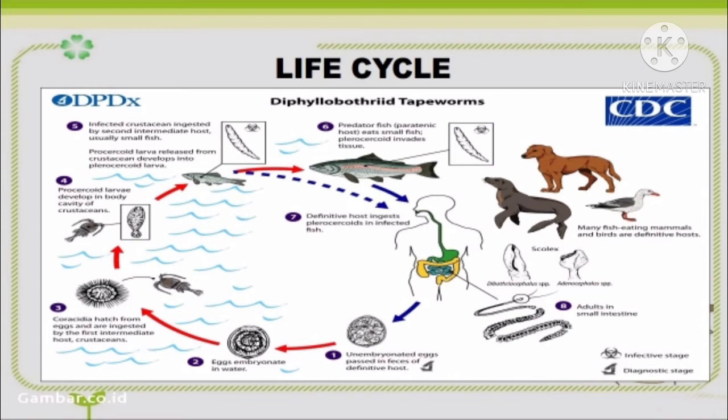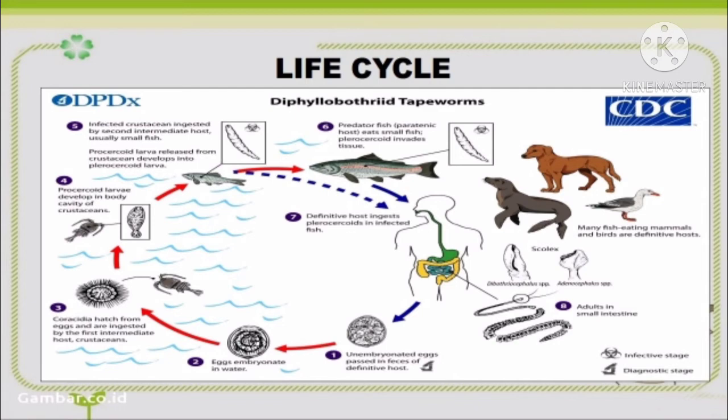Third, coracidia hatch from the eggs and are ingested by the first intermediate host, crustaceans. In this stage, they yield oncospheres, which develop into coracidia. The embryonated eggs are eaten by the crustaceans.